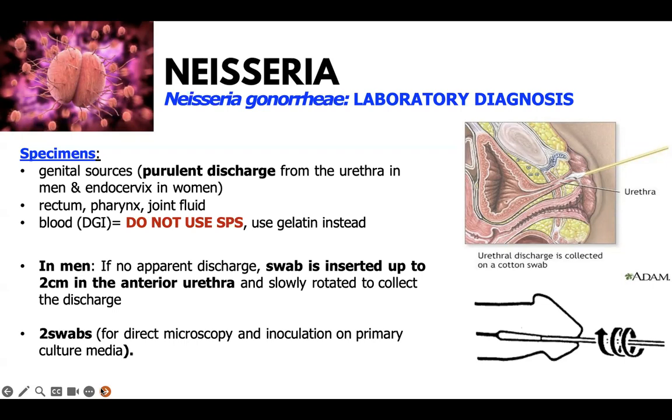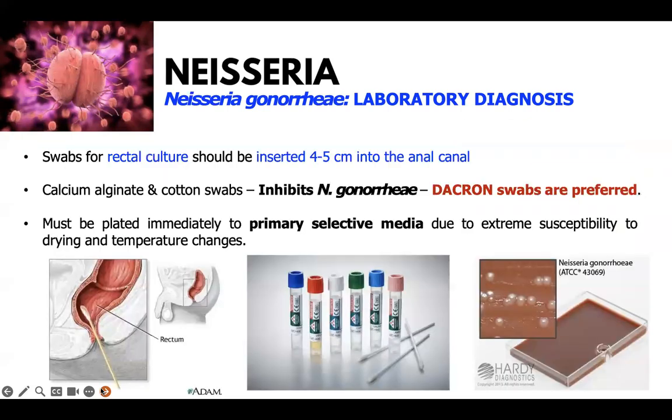So, pero pag swab, remember, kailangan ng dalawang swab dahil yung isa for direct microscopy at yung isa is for inoculate. Okay? Kung rectal swab naman ang gagamitin natin, the swab has to be inserted 4 to 5 centimeters into the anal canal. Okay, and then ganun din, i-rotate mo din yung swab.